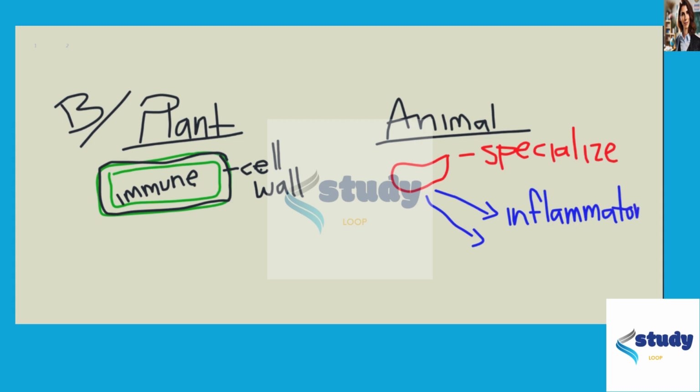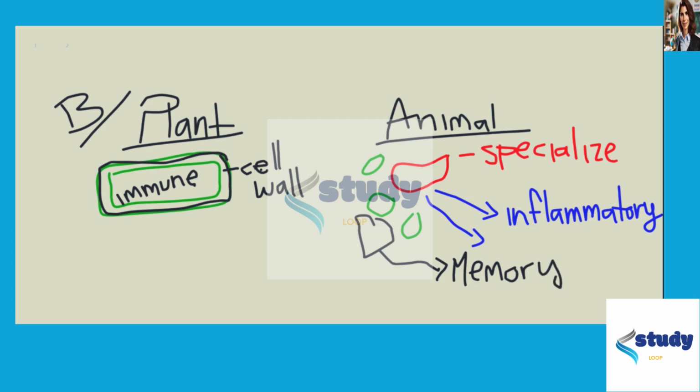These special cells are going and finding the site of the wound, and there are several, and some of them actually have a role in memory, right? So they can remember previously seen pathogens.